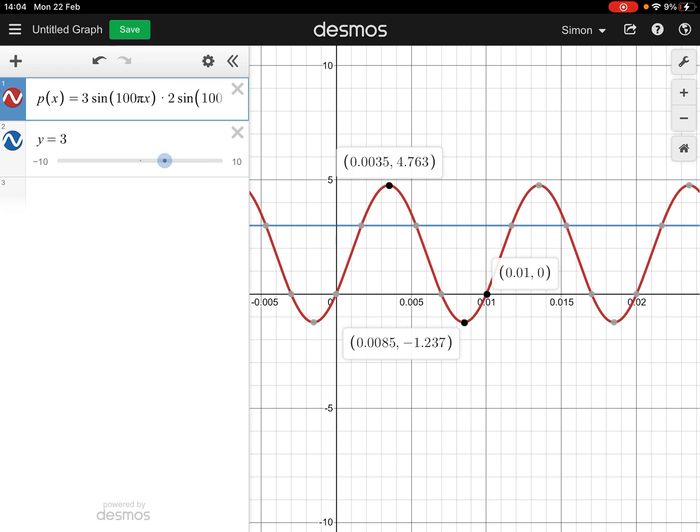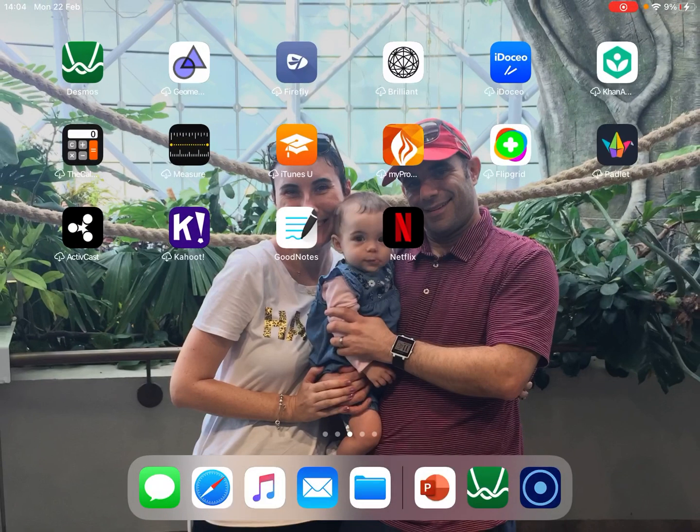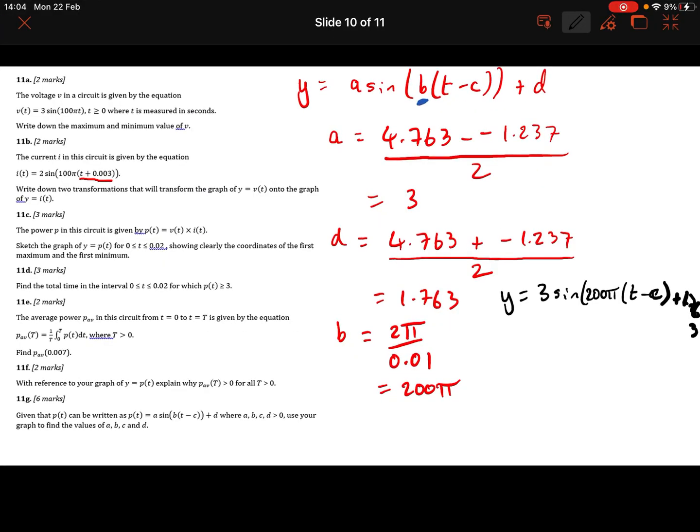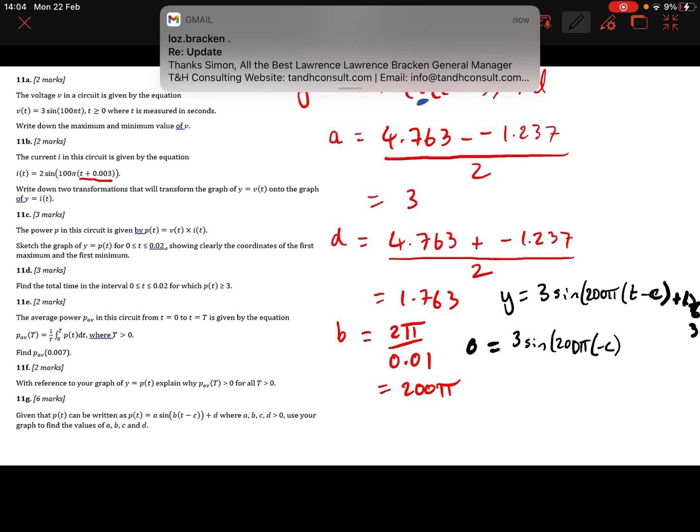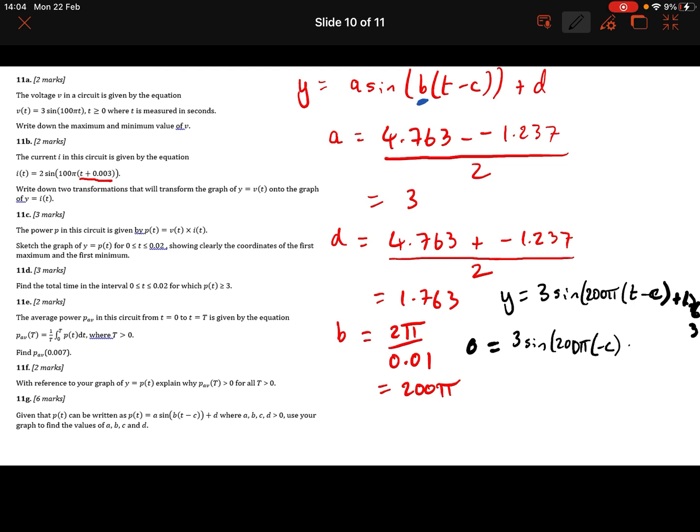So we've got an equation here. We've got minus 1.763 is equal to 3 sine of negative 200 pi c. So sine of negative 200 pi c is equal to 3 over minus 1.763.